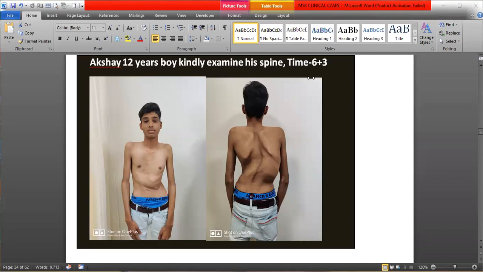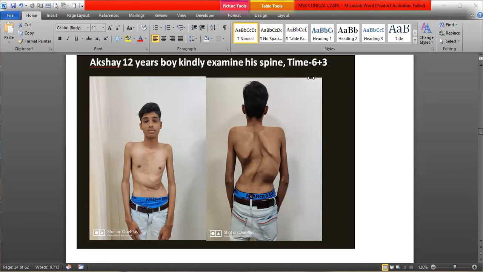None. Now I'm going to do some movements. Can you just bend down and touch your toes? Yes, there is no disappearance of the curve; it is persistent. Can you bend backwards like this? Is he able to do backward bending of the spine? Okay, that is painful.